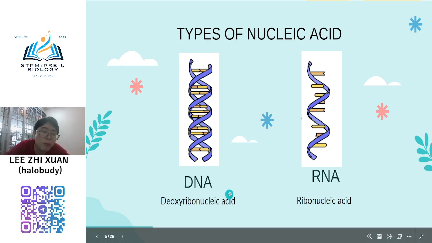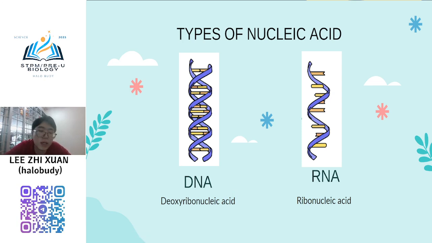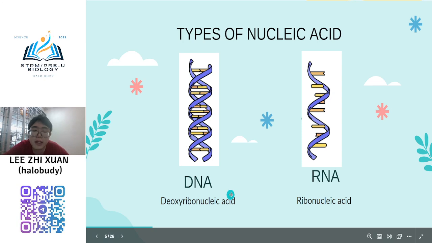You cannot write the short form. The short form is only allowed when you write an essay, but in a structure question, you need to write the full name rather than the short form.